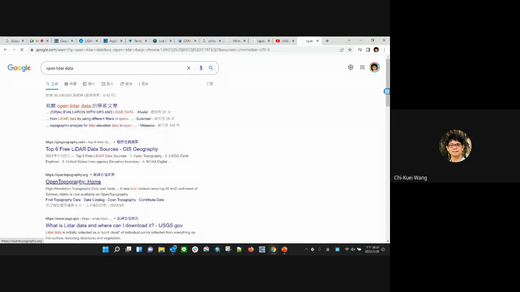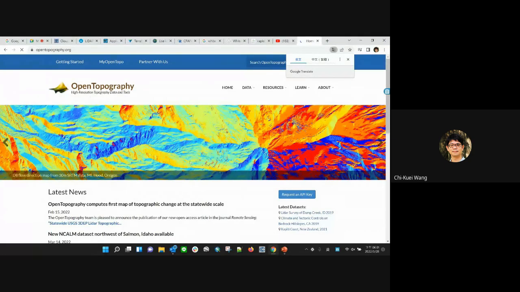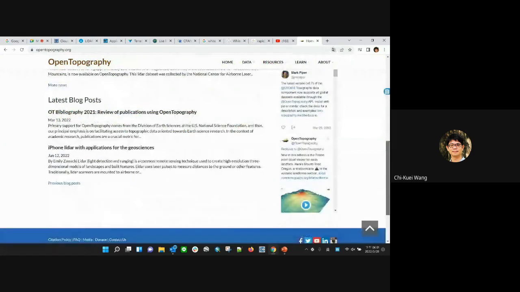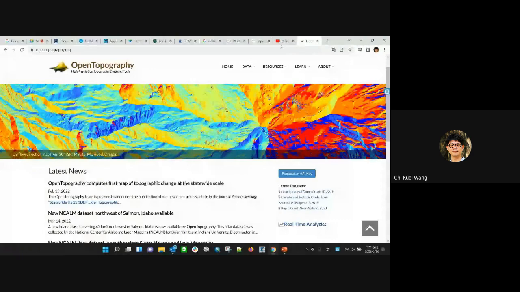Most of the LiDAR in here is from the United States. You will get some from Japan and the rest of the world, and some examples from Europe as well.